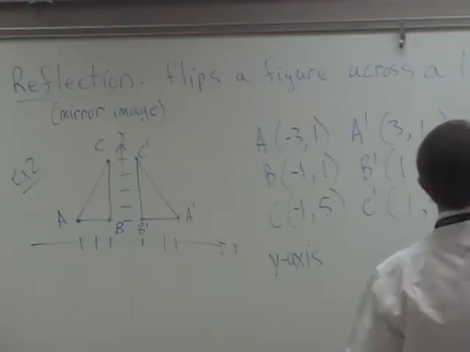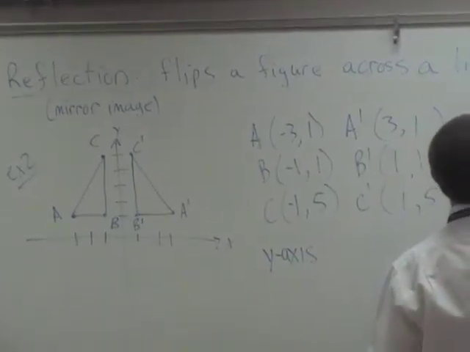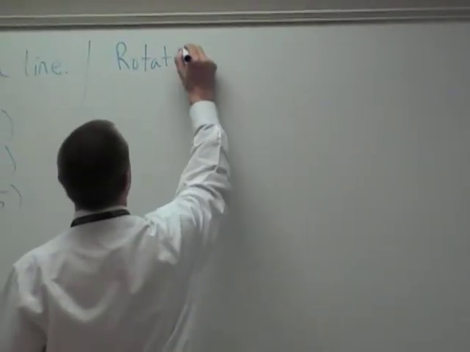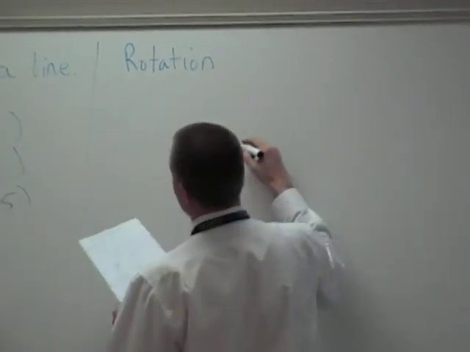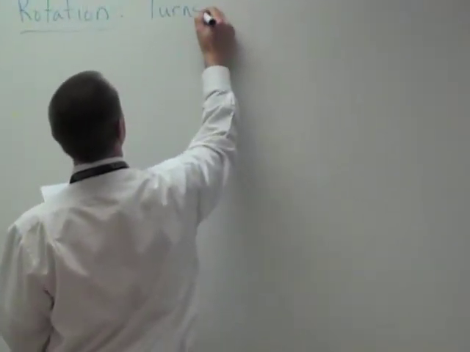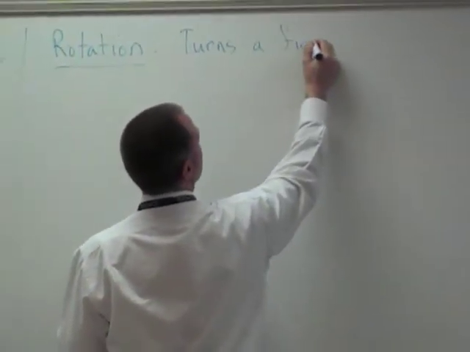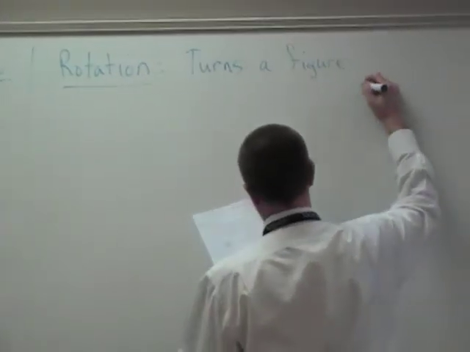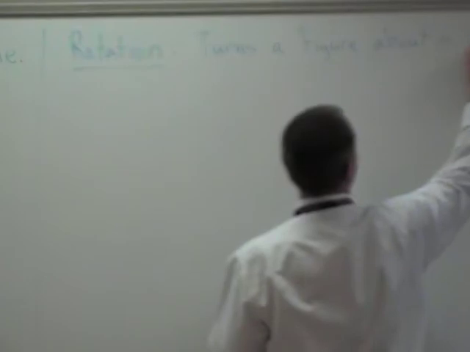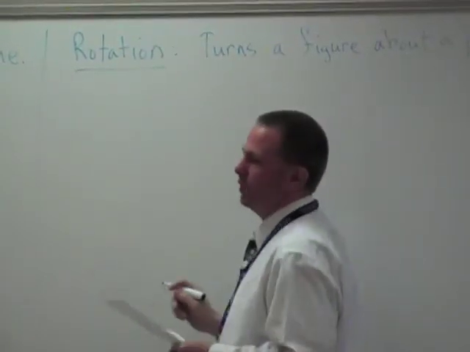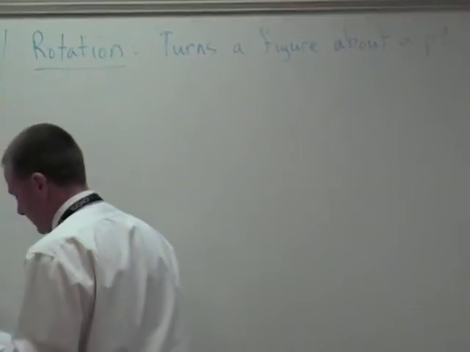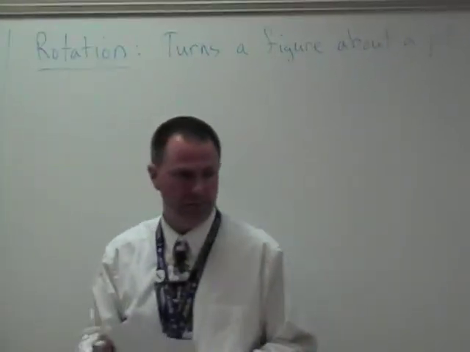Okay, rotation. Rotation is the fun one, if there's something fun. It turns a figure about a point. And for our purposes, we're going to turn it about the origin. Okay?